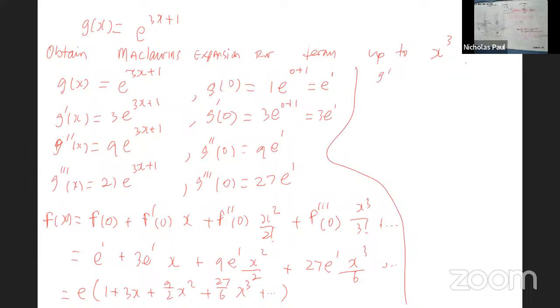All right. It has one more part to it, for 3 marks. Estimate g of 0.2 to 3 decimal places. How are we doing that? They want you to find g of 0.2 to 3 decimal places.